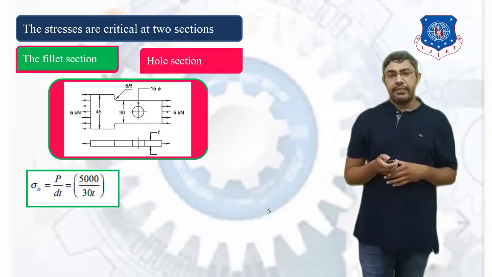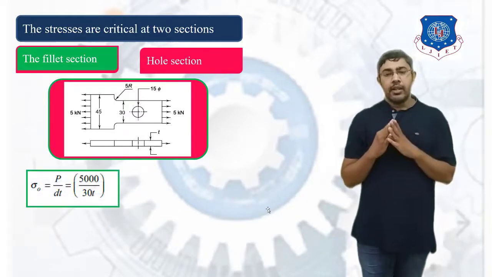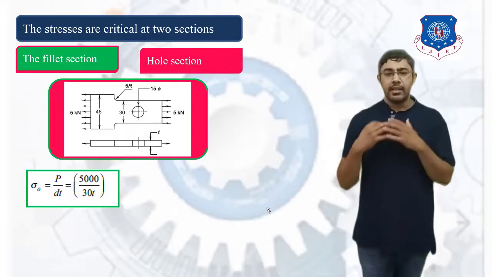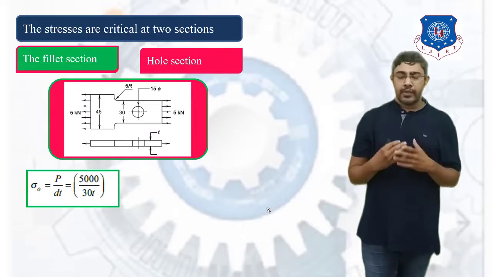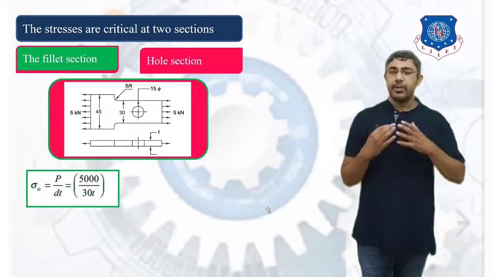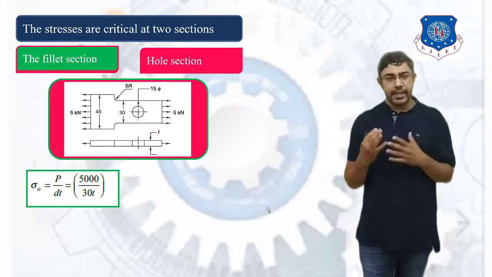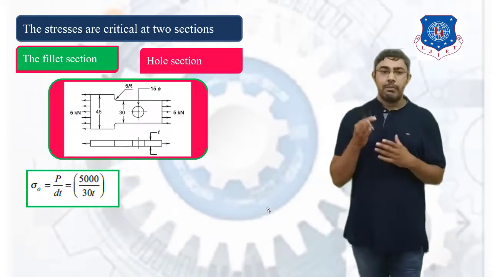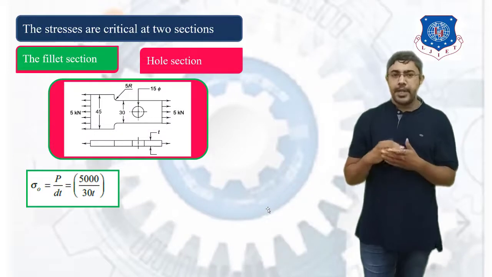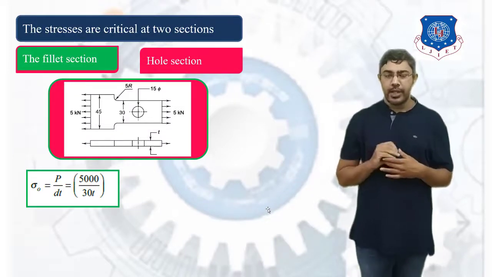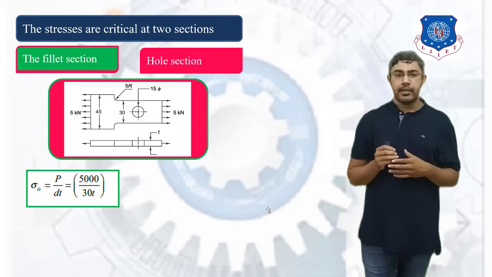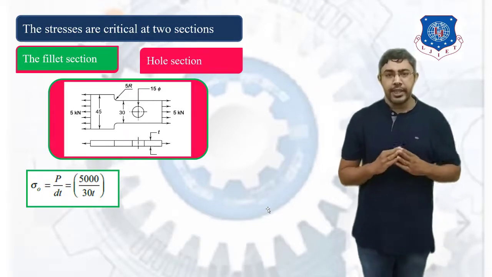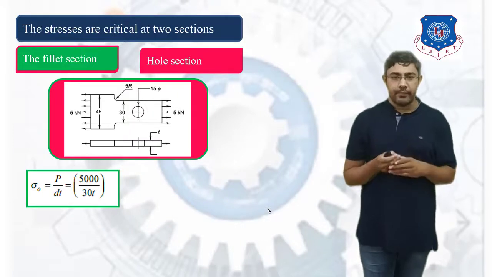To calculate the maximum stress at the fillet section, we first need the value of sigma 0, the elementary stress, which is equal to P upon d t. P is 5000 Newton, and small d is the width of this smaller plate, 30, into small t.